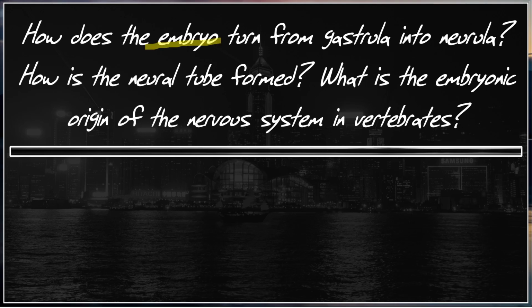How do embryos turn from gastrula into neurula? How is the neural tube formed? What is the embryonic origin of the nervous system in vertebrates?